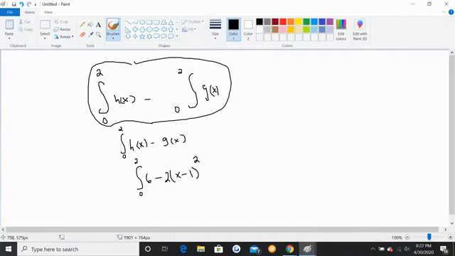So this one's going to be the easier one. First, we've got to find the antiderivative and then plug in, so let's first just find the antiderivative of this.